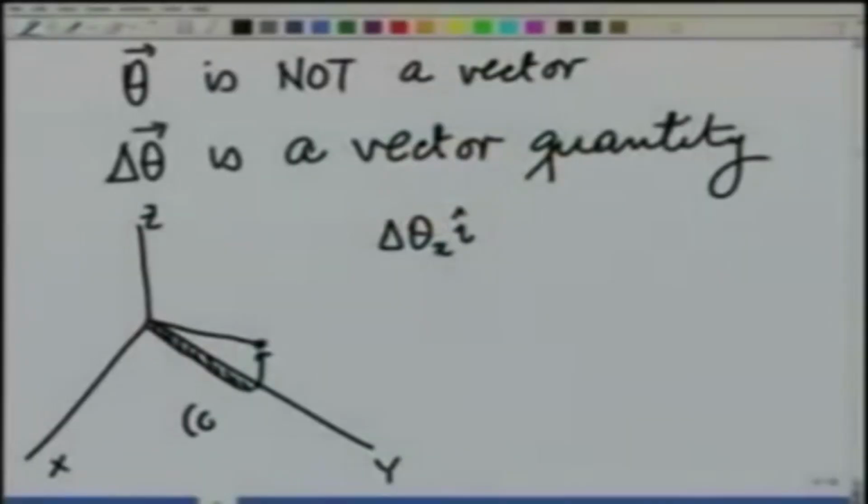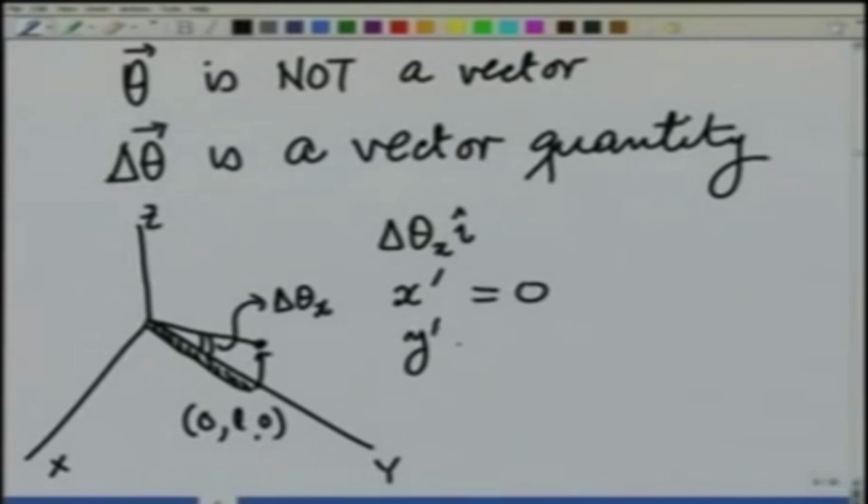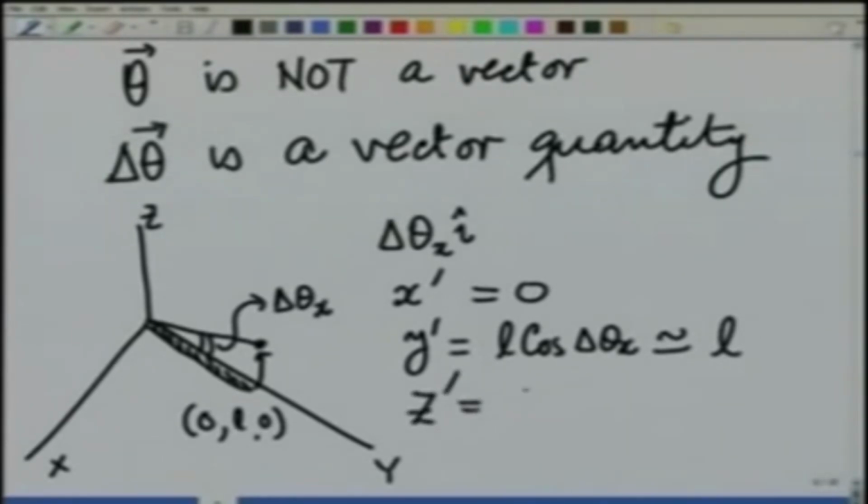To start with, this was 0, L and 0. You will see that x prime remains 0. This angle is delta theta x. You can see y prime is equal to L cosine of delta theta x, which for very small delta theta x is really L, and z prime is equal to L sine of delta theta x, which for very small delta theta x is L delta theta x.